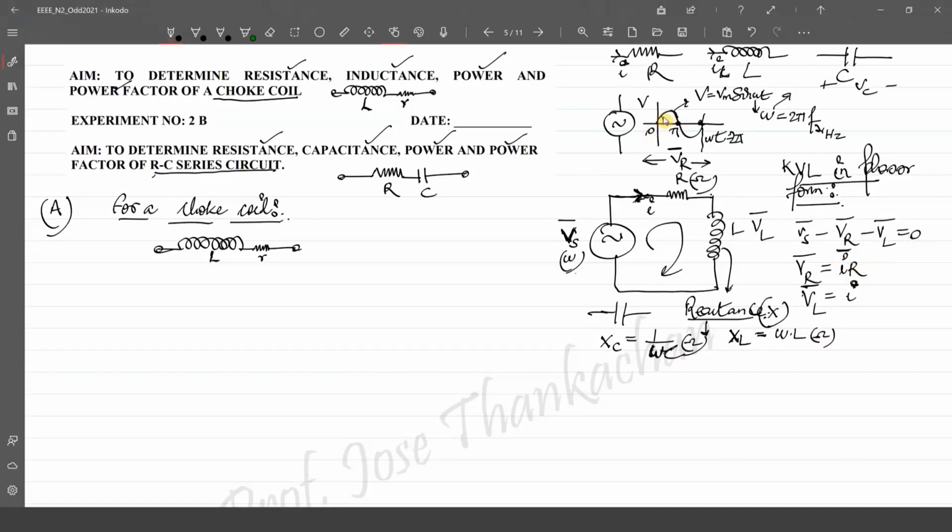At some time it will have a magnitude like this, at some time this much, at some point of time it will have a peak value, and similarly at some point it will become zero, isn't it? So depending upon the angle, you can find out the magnitude of this phasor, varying with respect to time. Such a quantity is known as a time varying quantity, and can be represented in terms of a phasor value.